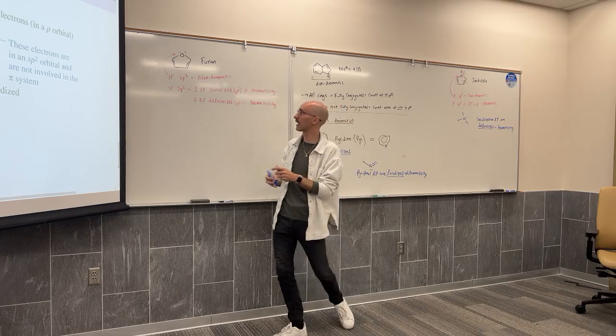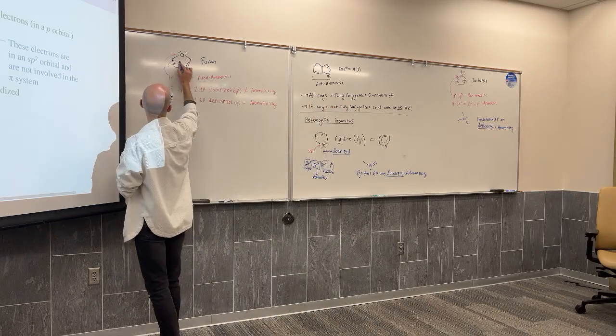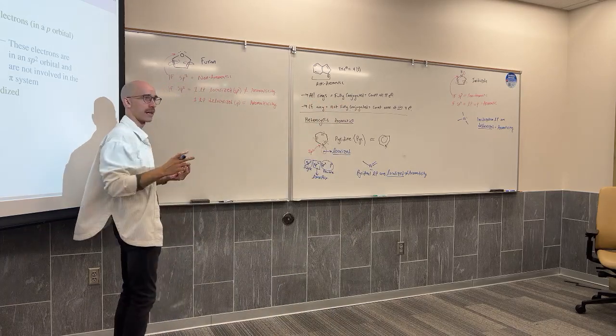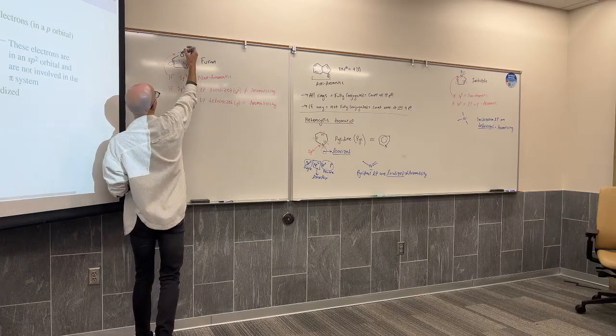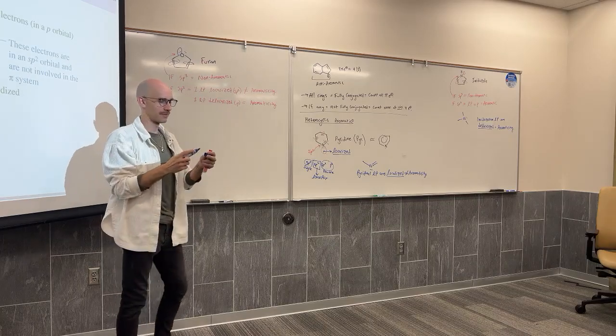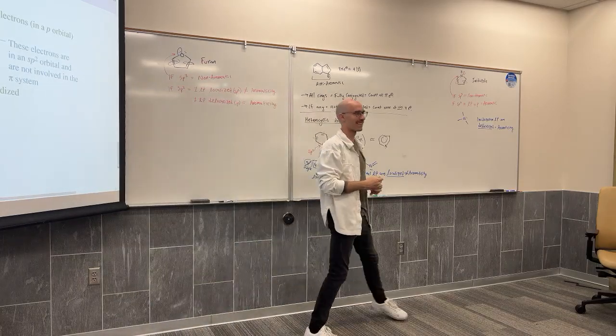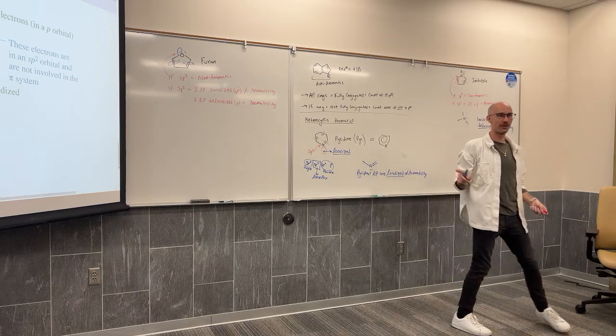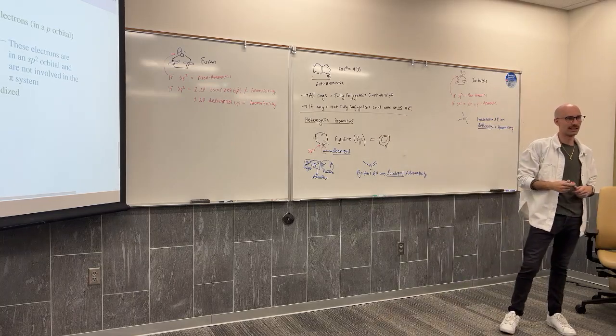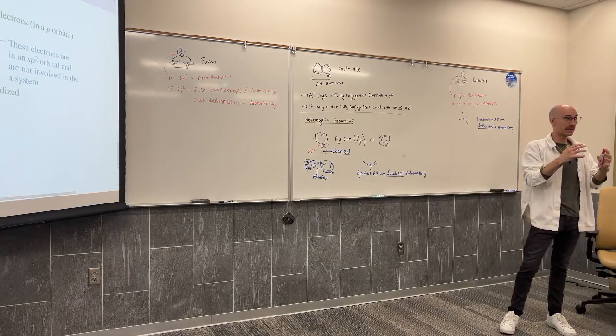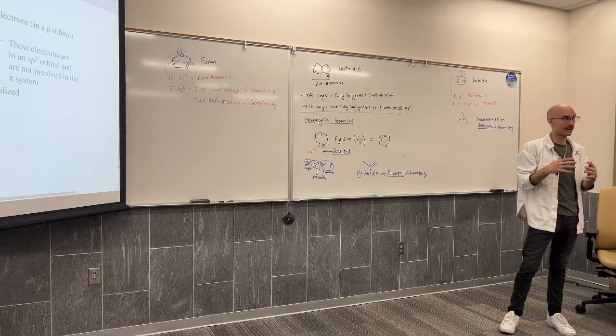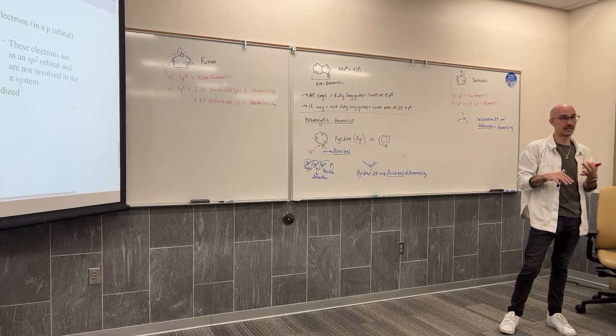So how many pi electrons in furan? 2, 4 from the obvious pi bonds, and one of the lone pairs from the oxygen. So this is going to be a common question on your homework, your unit tests, your exams.